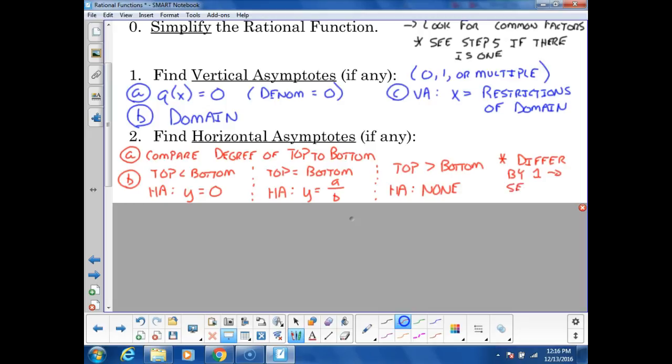If the degree of the top is bigger by 1, I have to do step 6. If the bottom is bigger by 1, I'm not even over there. I'm over here in top is less than bottom. How many horizontal asymptotes can there be? 1 or none.